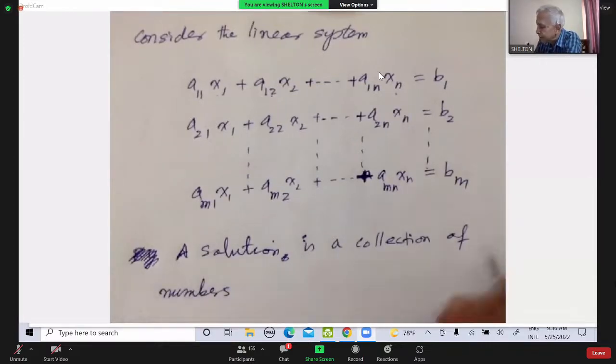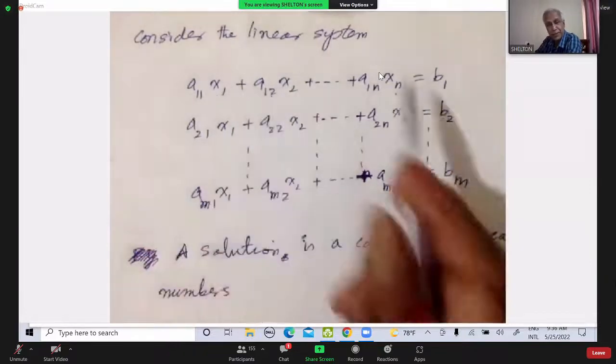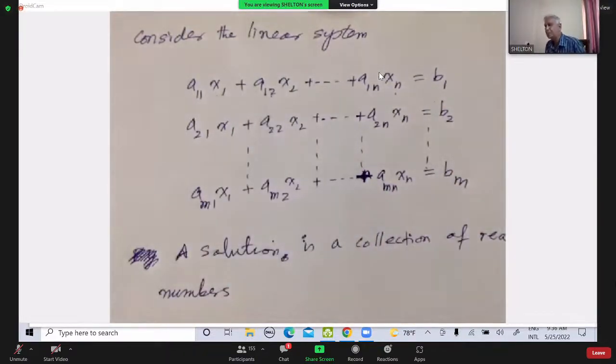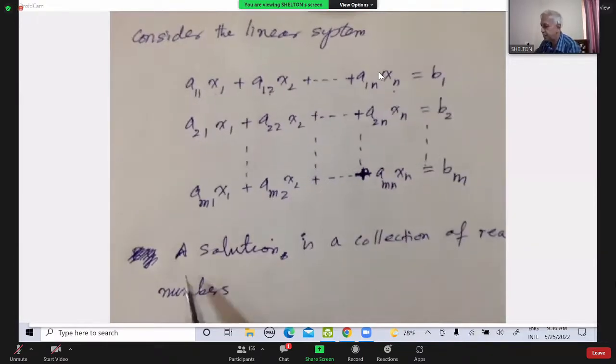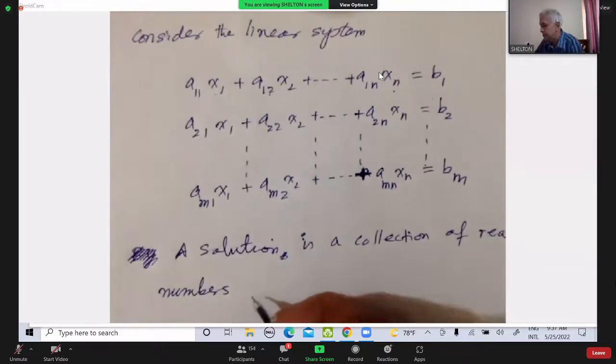Shall we say, real numbers also. If the coefficients are complex numbers, it is still a system of linear equations, but here we are studying only real numbers. A solution is a collection of real numbers.